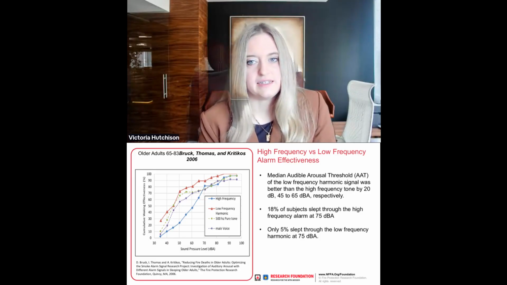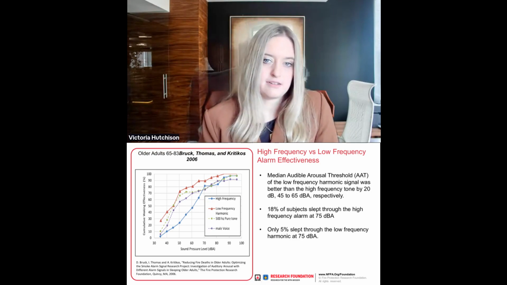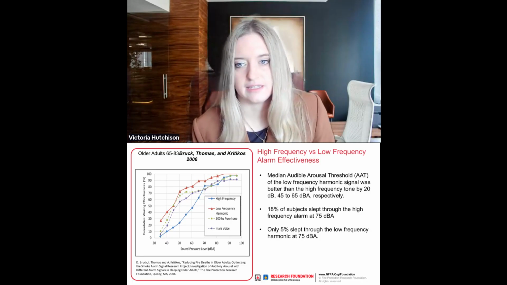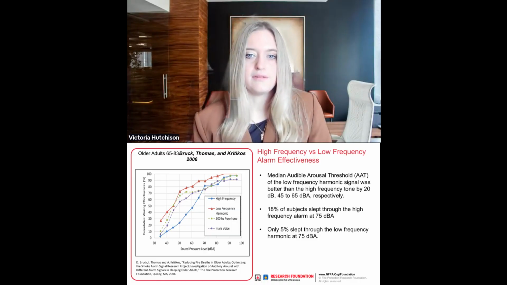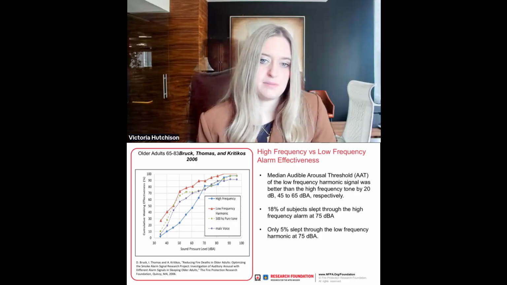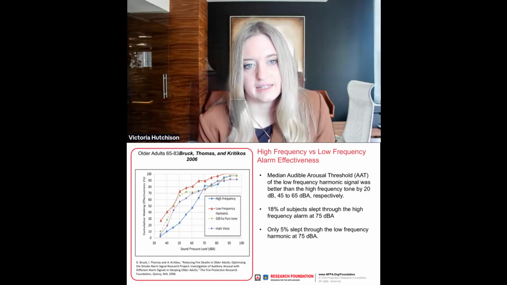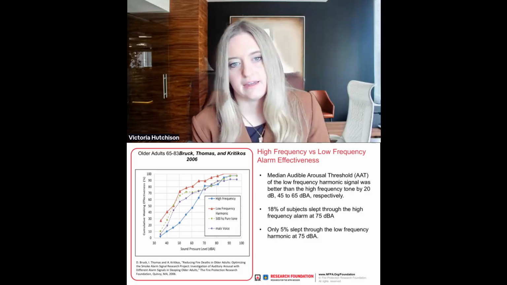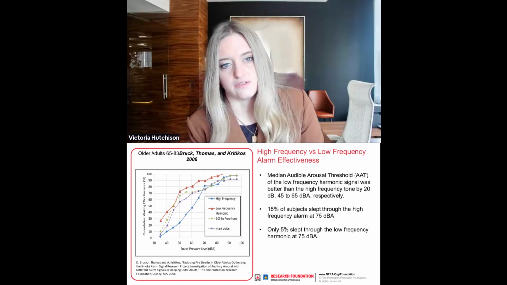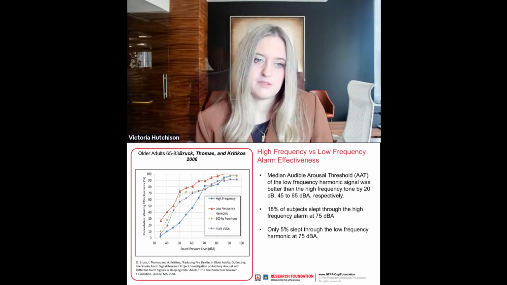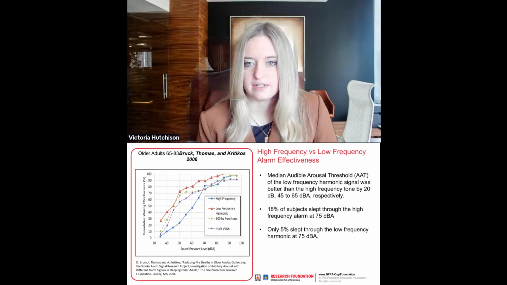What you can see here is that the AAT, or median audible arousal threshold, on the low frequency signal was significantly higher than the high frequency tone, by about 20 dB: 45 and 65 dBA respectively. The blue line there is the high frequency tone, and the red line is the low frequency. You can really see a big gap in terms of overall waking effectiveness.